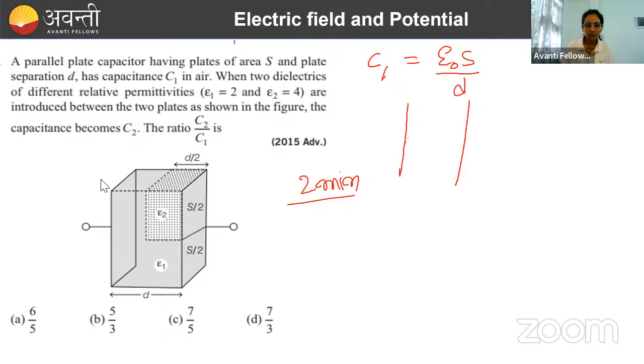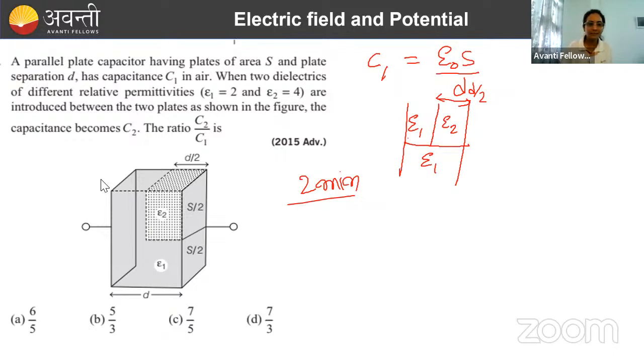This distance is d by 2. Here the dielectric kept is epsilon 2, its value is 4. And here it is epsilon 1, its value is 2. Here also it is epsilon 1, and its value is 2. So the capacitor is getting divided like this because of the dielectrics.